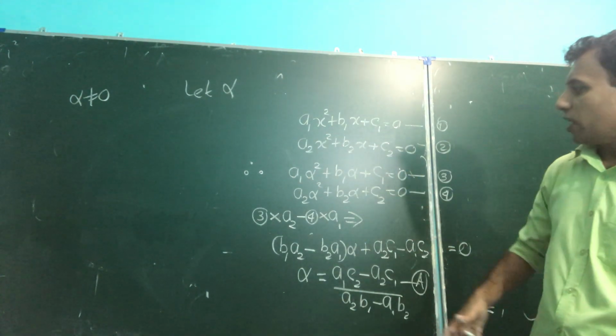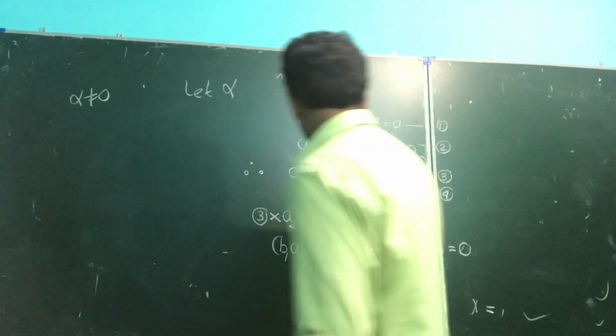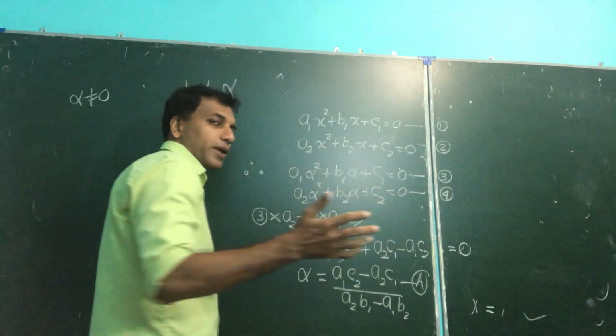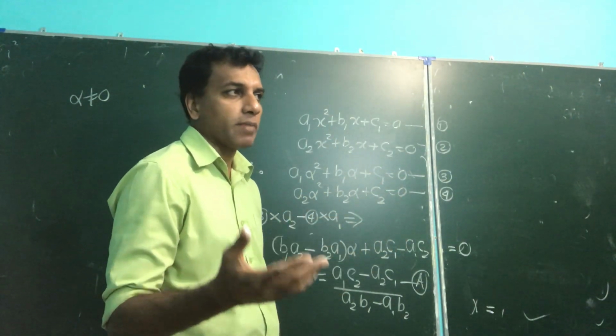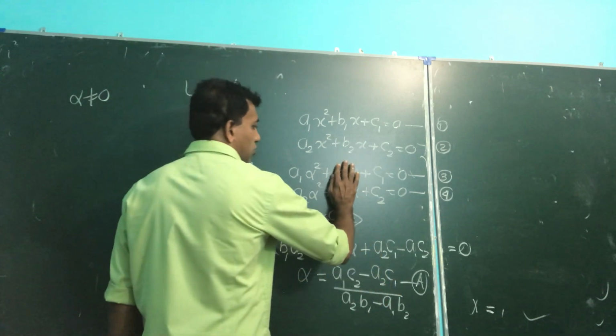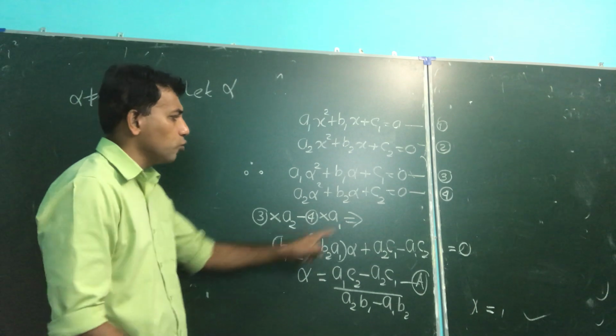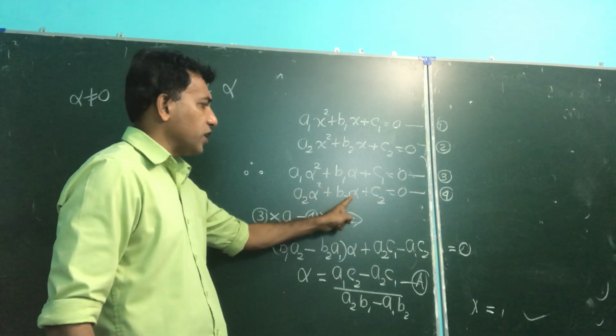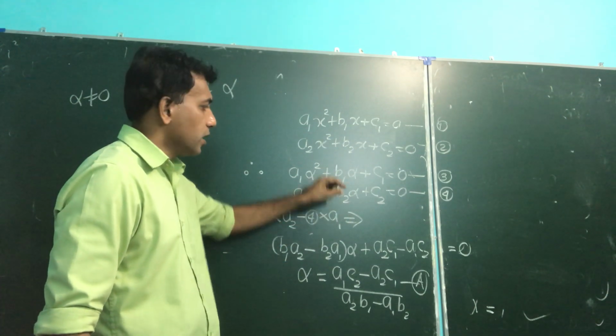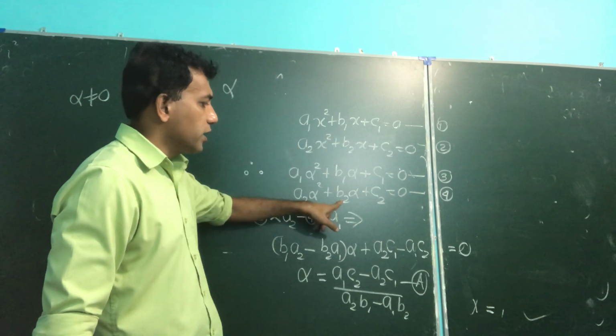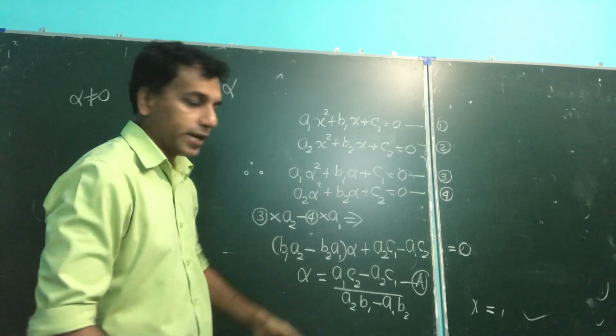So how to find the alpha square? You remove the alpha, no? If your primary work is simultaneous equations or basic mathematics, if you remove the alpha, you can find the alpha square. How are we removing it? Equate the coefficient of alpha the same. Here it becomes B1, B2, here B1, B2, and subtract, okay.